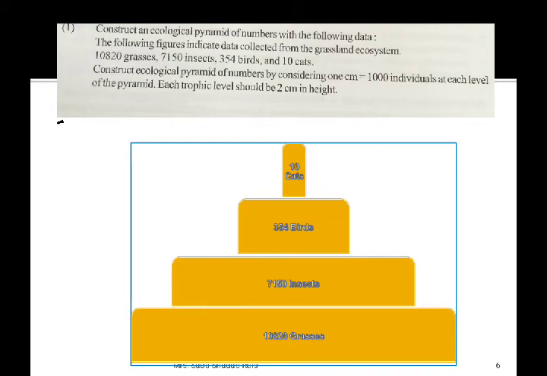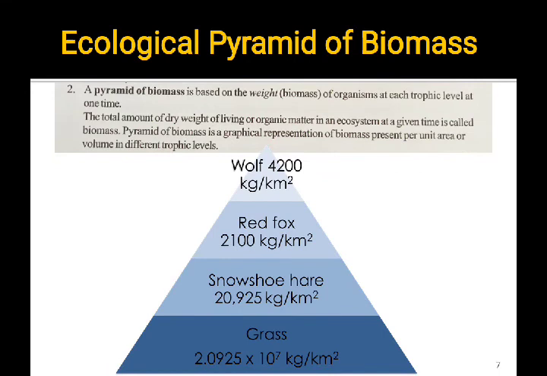You can take a dark shade, other shades. You can shade it with the color pencil, but don't use sketch pens, crayons and all. You can use only and only the color pencil. Okay. Chalo, let us go for the next type of pyramid, the ecological pyramid of biomass.